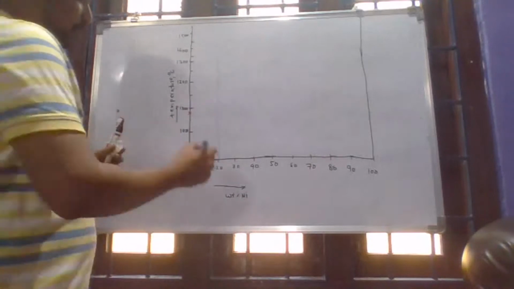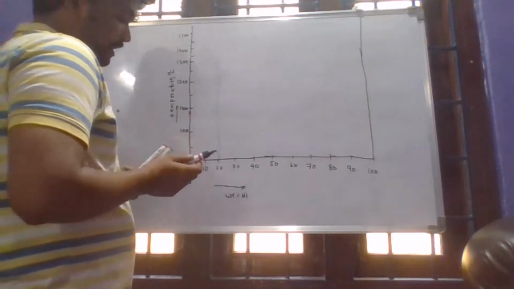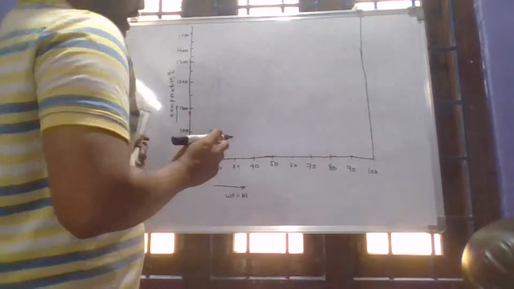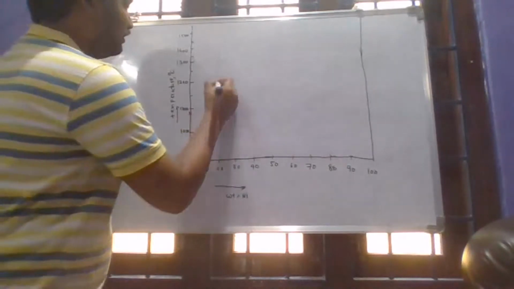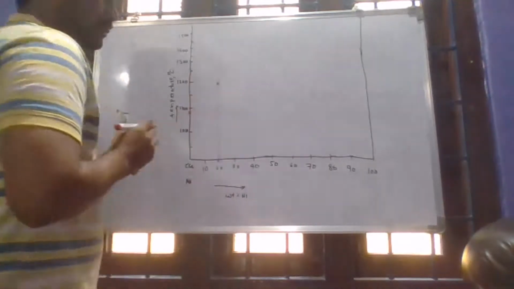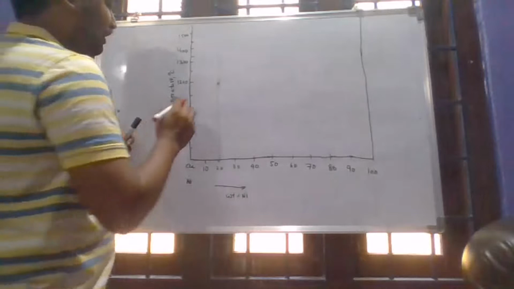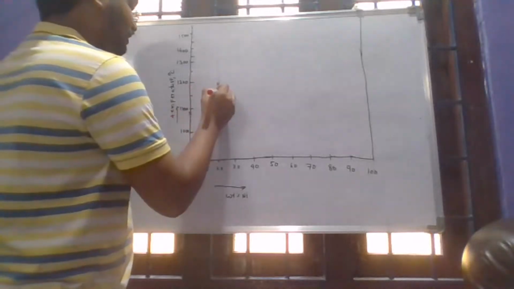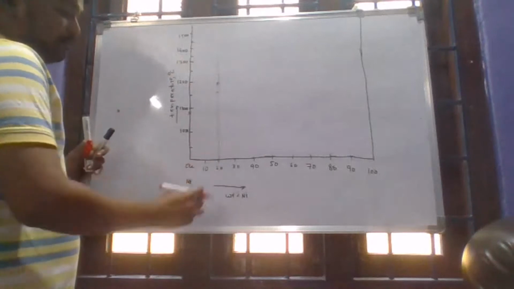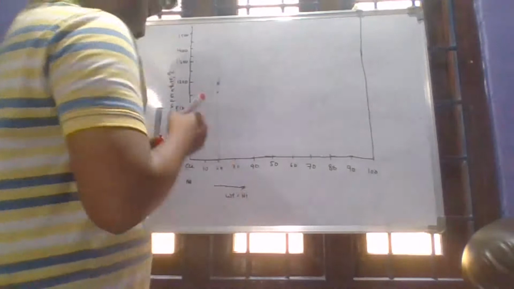So at 20 weight percentage nickel, we will take the liquidus temperature as 1200, and the solidus temperature is 1165. So we can write it approximately at this point. So this is for 20 weight percentage nickel. Then another composition, 40%.